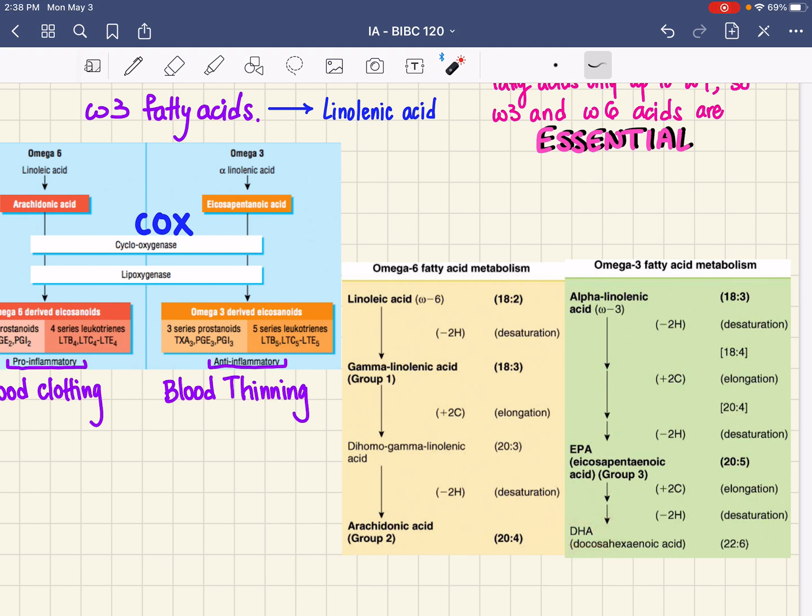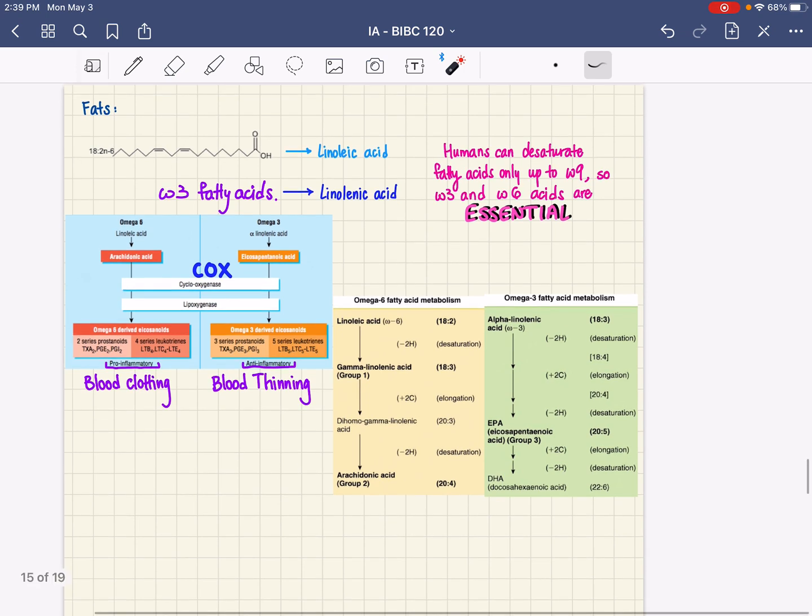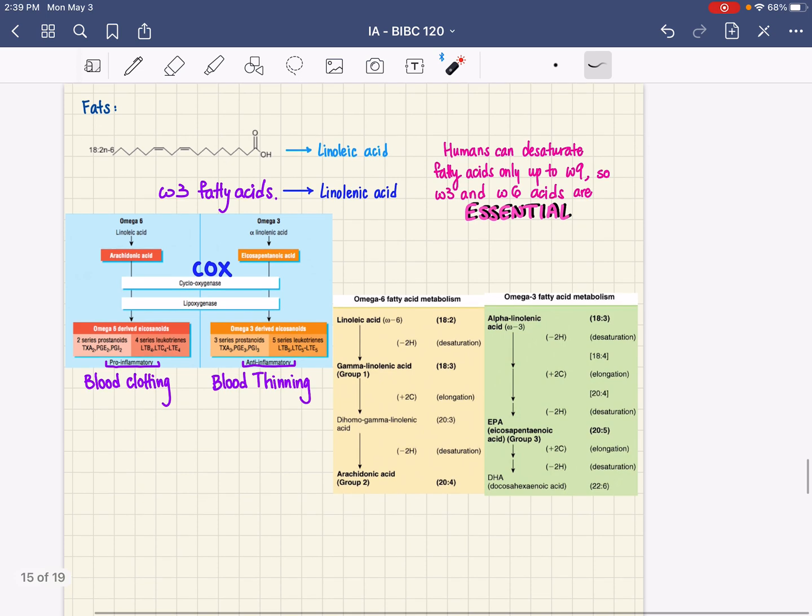So definitely look at these two schematics and definitely have them in your notes available to you, because you just want to remember that linoleic gives rise to arachidonic, and linolenic gives rise to EPA and DHA. I definitely flew through that, so please email me if you have any questions on anything or if you want further clarifications.